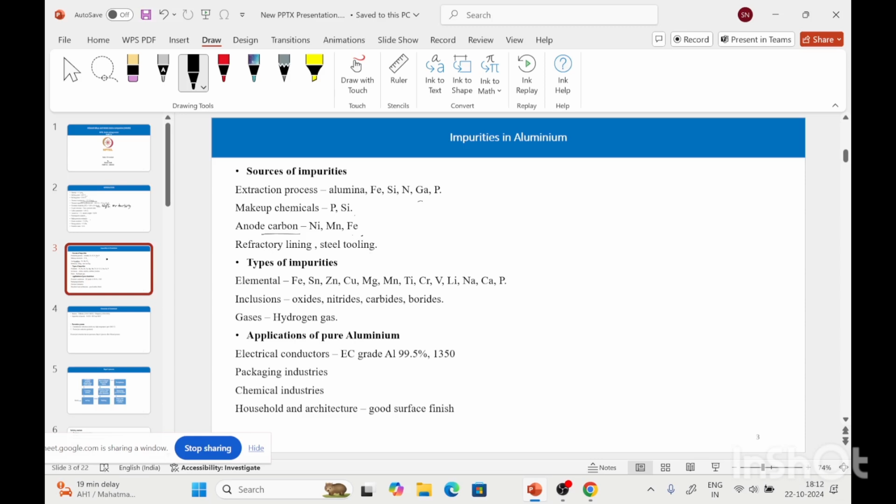The types of impurities are generally elemental, inclusions and gases. In elemental, iron, tin, zinc, copper, magnesium, manganese, titanium and many other elements are present as impurities in aluminum. Second is the inclusions. Inclusions can be formed because of the reaction between non-metallic elements and metallic elements that form oxides, nitrides, carbides and borides, and some intermetallic compounds also.